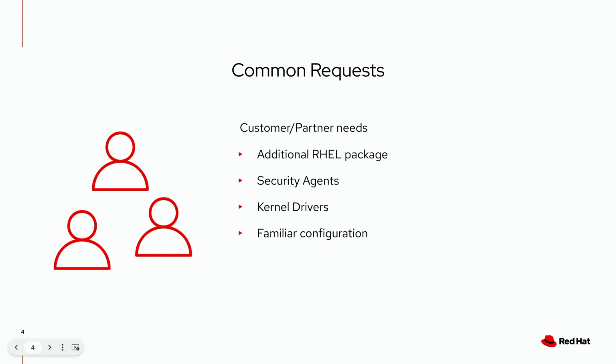We have to say, this is going to increase the size and attack surface of Rel CoreOS. Is it worth adding it for everybody, right? So we've said yes to some things and no to others, and tried to figure out how we solve the problem in the case that we say no. But that's just one example.